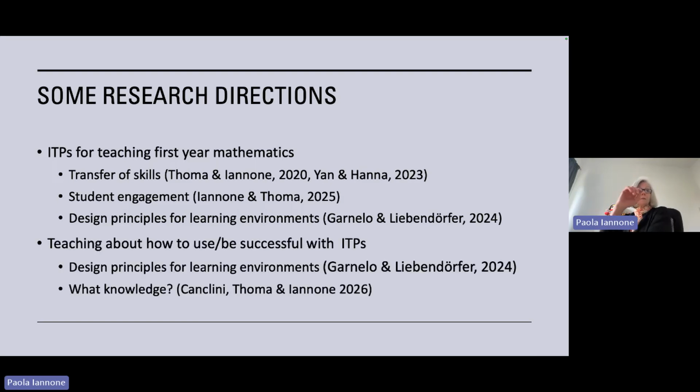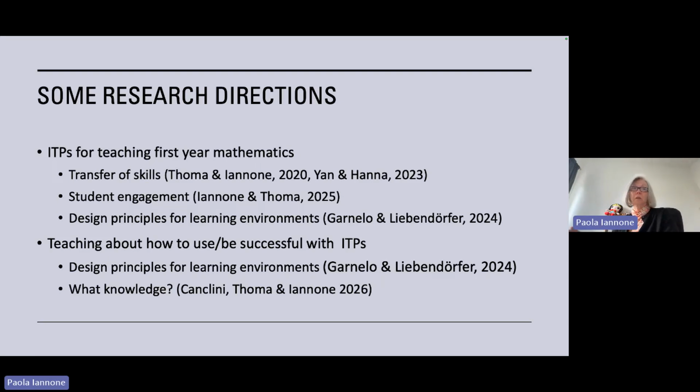The second research direction that is currently going on is about teaching how to use, and to be successful at using, interactive theorem provers. So we have moved a little bit up the undergraduate degree, if you like.